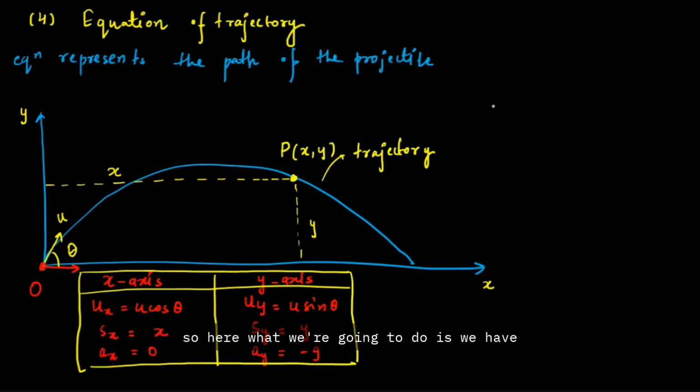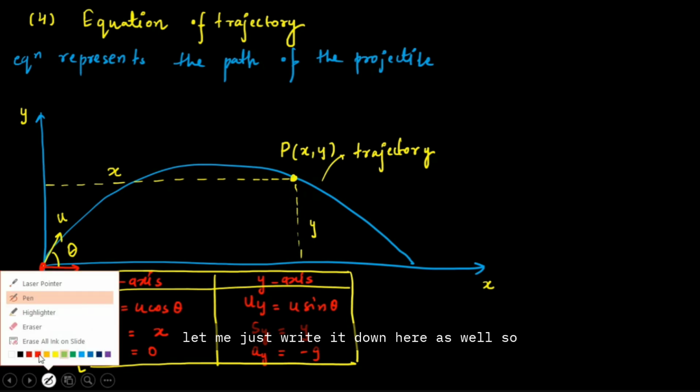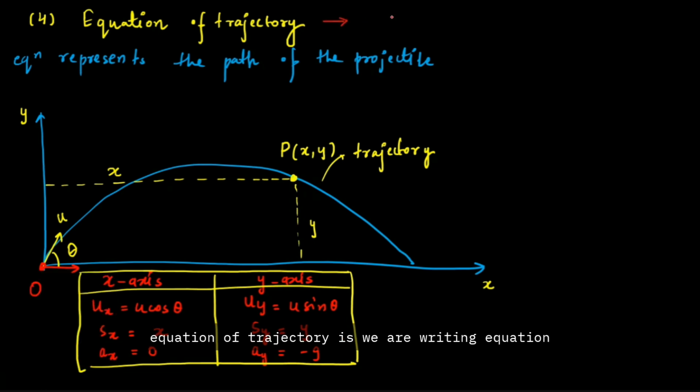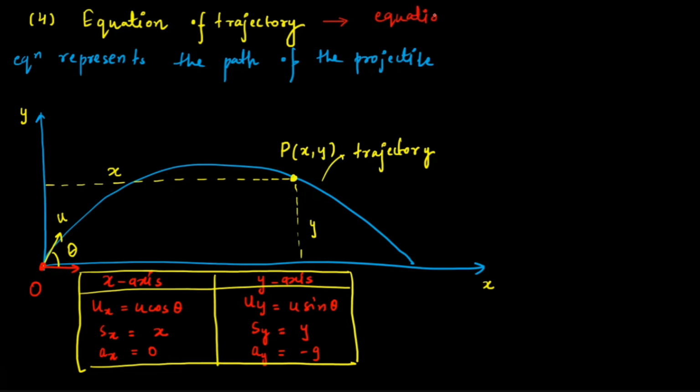So here what we're going to do is find the equation of y in terms of x, that is something we call the equation of trajectory. So let me just write it down here as well. Equation of trajectory: we are writing the equation of y in terms of x, like that.